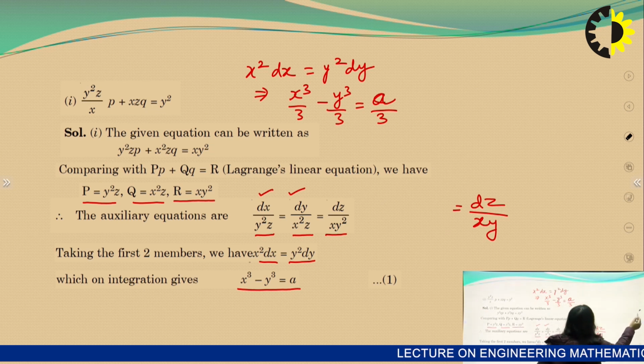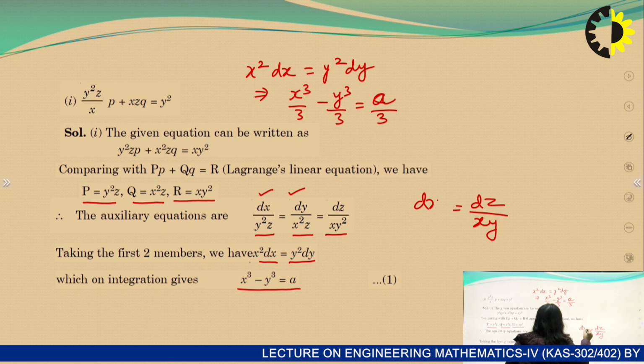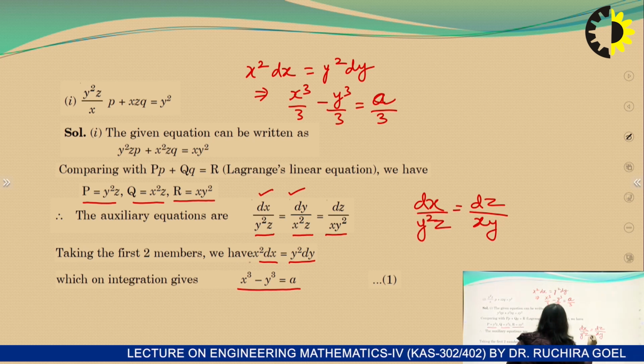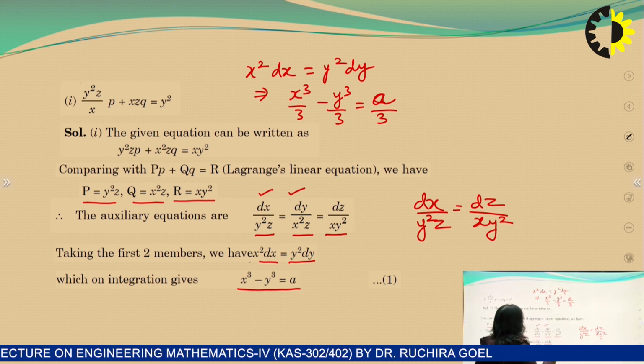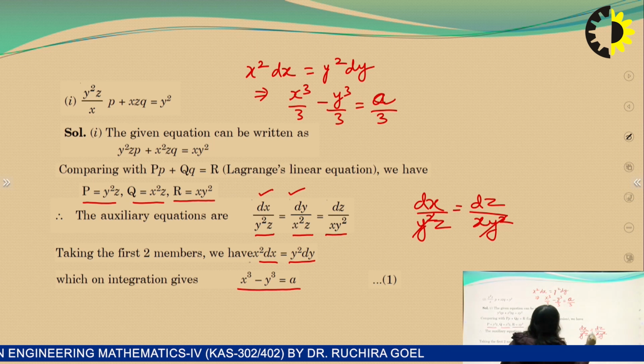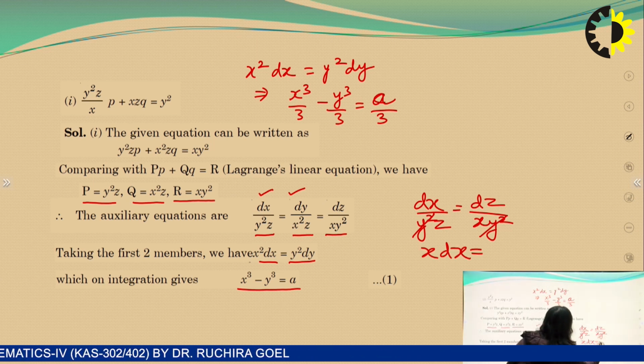We have dx upon y square z equal to dz upon xy square. So this y square cancels out and we have x dx equal to z dz.